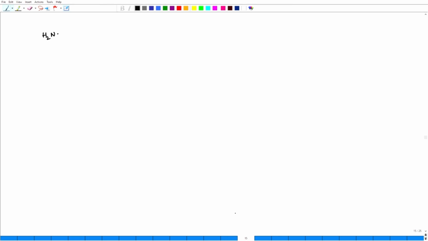Simple compound ethylene diamine. Or you can take, in this case, he took propylene diamine. 1,3-diaminopropane. Or sometimes you can keep butane.